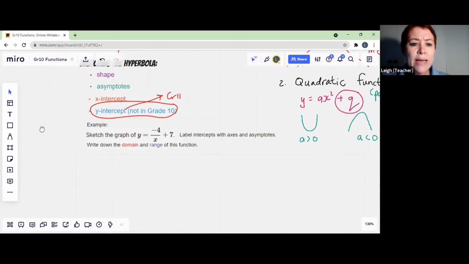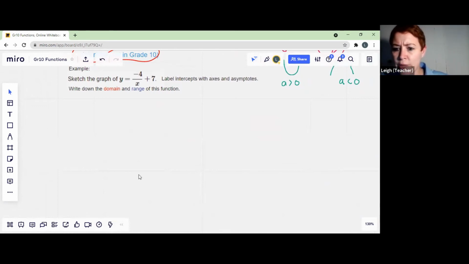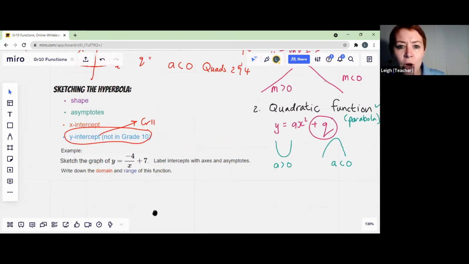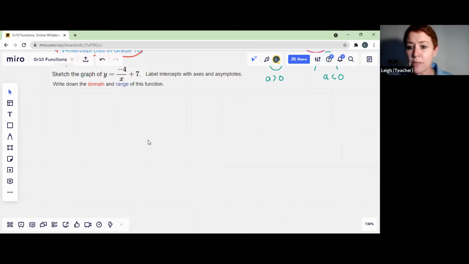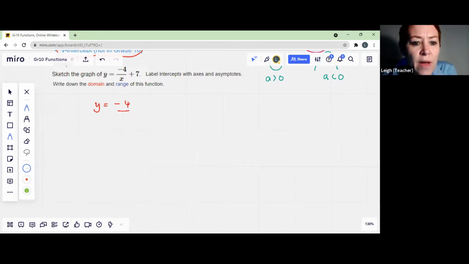Okay, so let's just see if we can make sense of what's going on over here. When you look at this function that I have given you over here, it is the line y equals -4 over x plus 7.